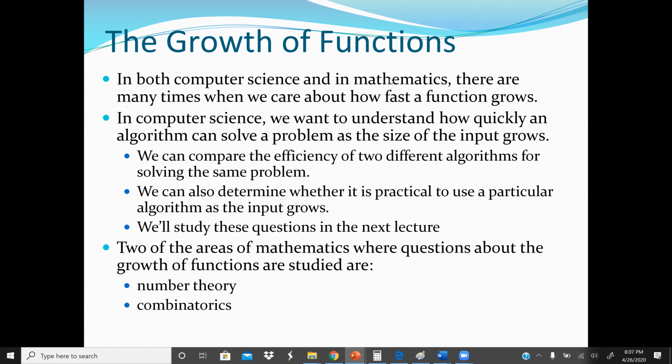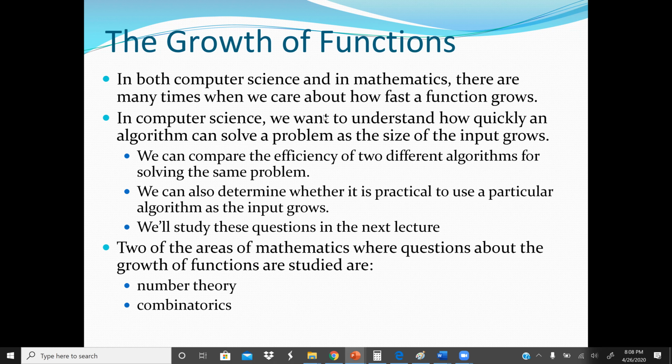So, growth of functions. Here we say that in both computer science and mathematics, there are many times when we care about how fast a function grows. And this concept goes with how fast an algorithm runs. So in computer science, we want to understand how quickly an algorithm can solve a problem as the size of the input grows.